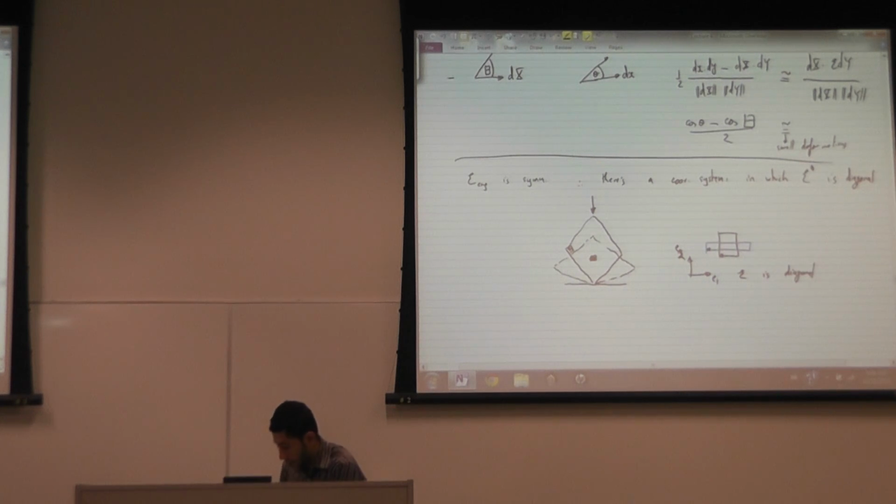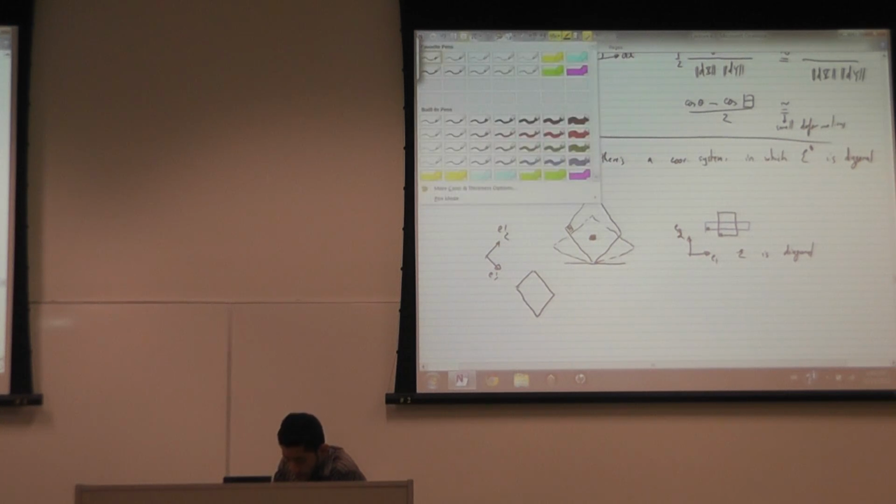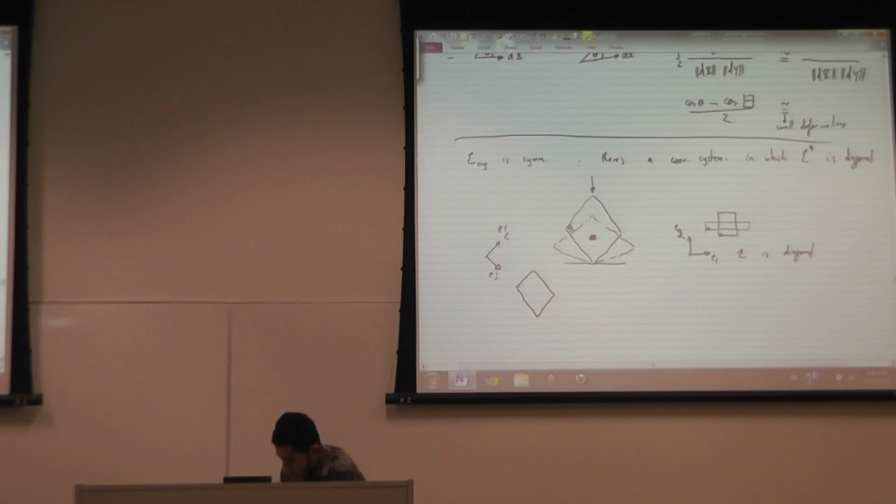If I look at the other coordinate system, if this is the original cube, fix one side, it will look more like this.